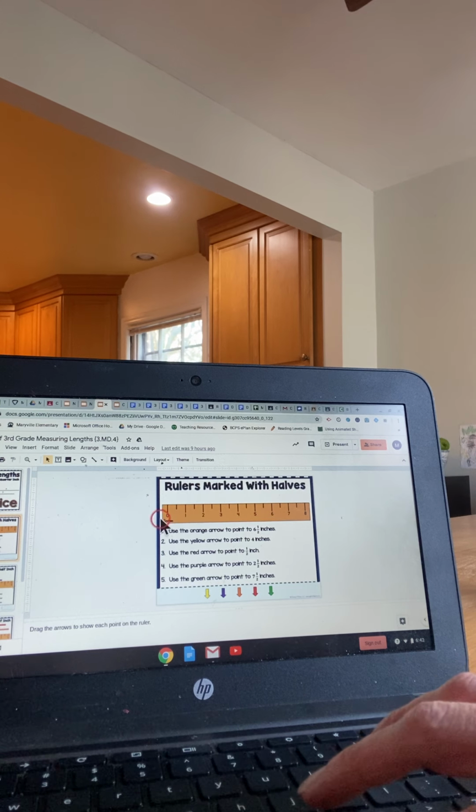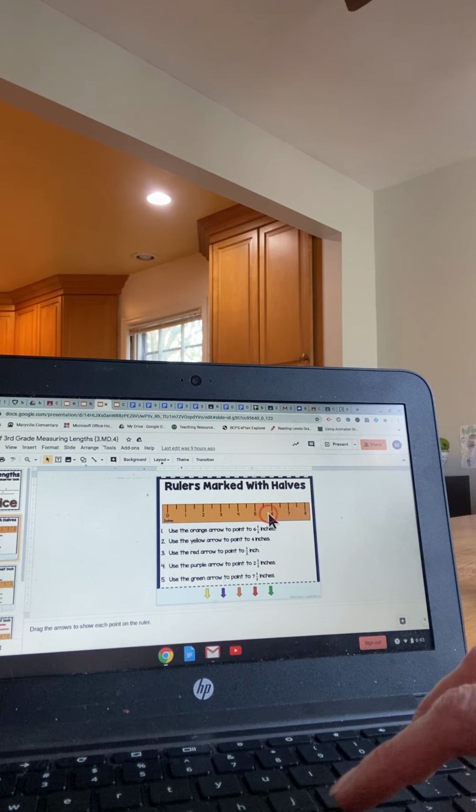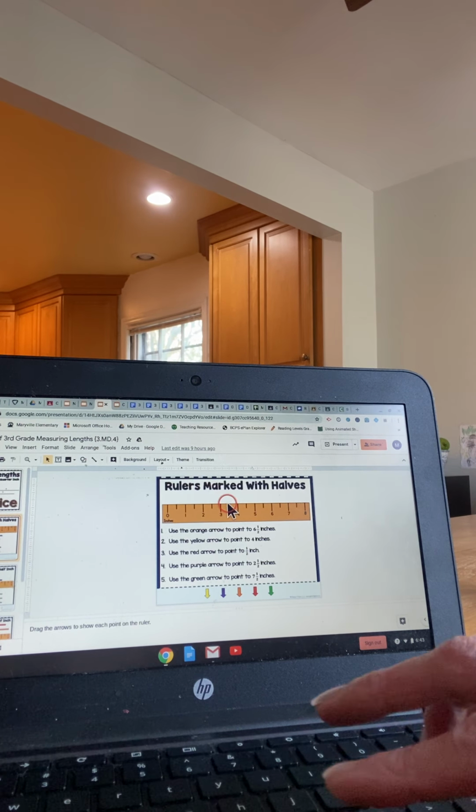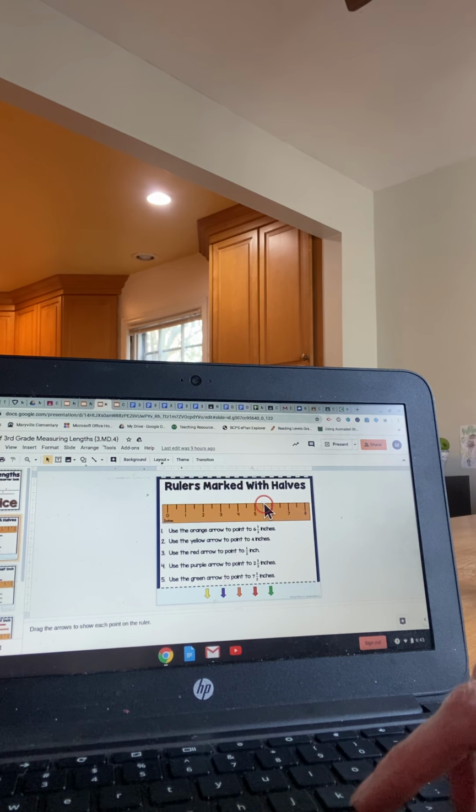So 6 1/2 inches is going to be, this is 1 inch, 2 inch, 3 inch, 4 inch, 5 inch, 6 inch, and then that next little mark is a 1/2 inch, because this is 1/2 inch, 1 whole inch, 1 1/2 inches, 2, 2 1/2, 3, 3 1/2, 4, 4 1/2, 5, 5 1/2, 6, 6 1/2, 7, 7 1/2, 8.